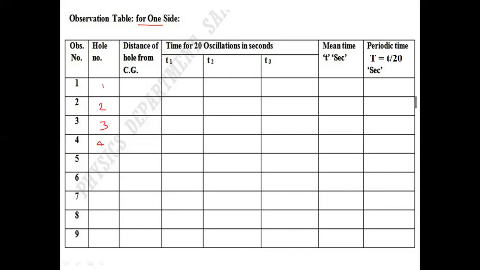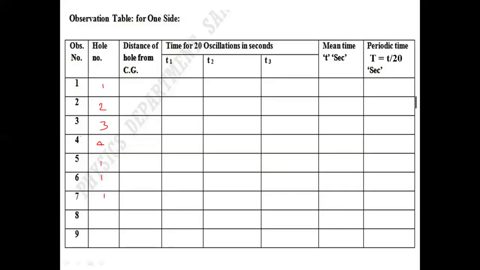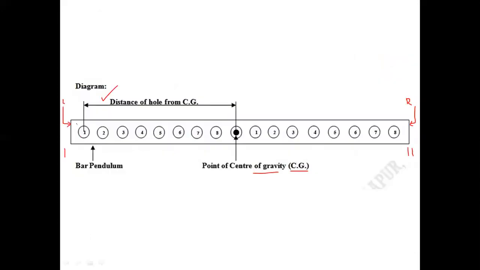After that we have the observation table for one side: hole number 1, then 2, 3, 4, and so on. Then distance of hole from CG, while we are measuring the time period for 20 oscillations for hole number 1 with respect to CG, it should be 45. The distance between the CG hole and the 8th hole is 5 centimeters.